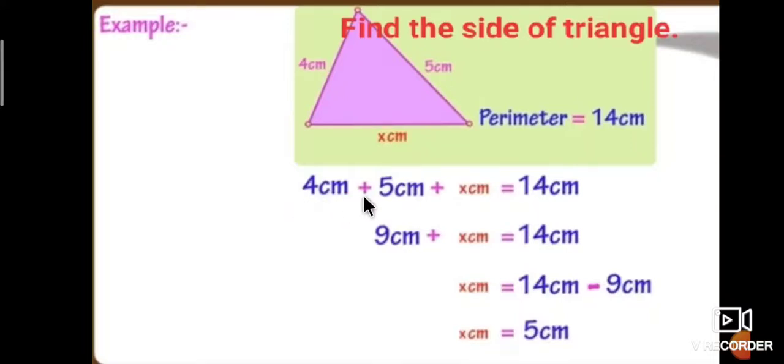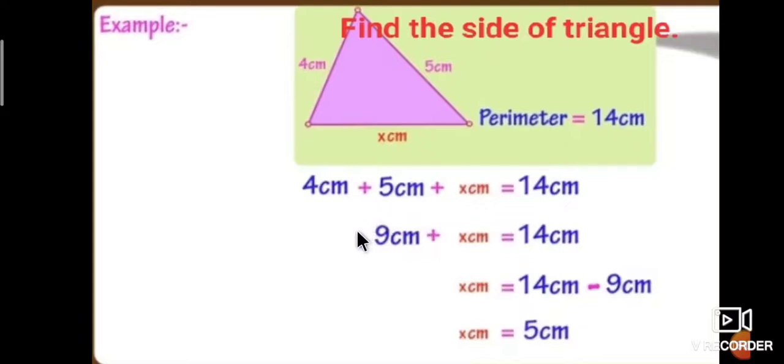Therefore, 4 centimeter plus 5 centimeter, we take the third side as x centimeter. Therefore, 4 plus 5 plus x centimeter is equal to the perimeter, 14 centimeter. 4 plus 5 is 9 centimeter, so 9 plus x centimeter is equal to 14 centimeter. According to the rule of transferring, x centimeter stays the same.